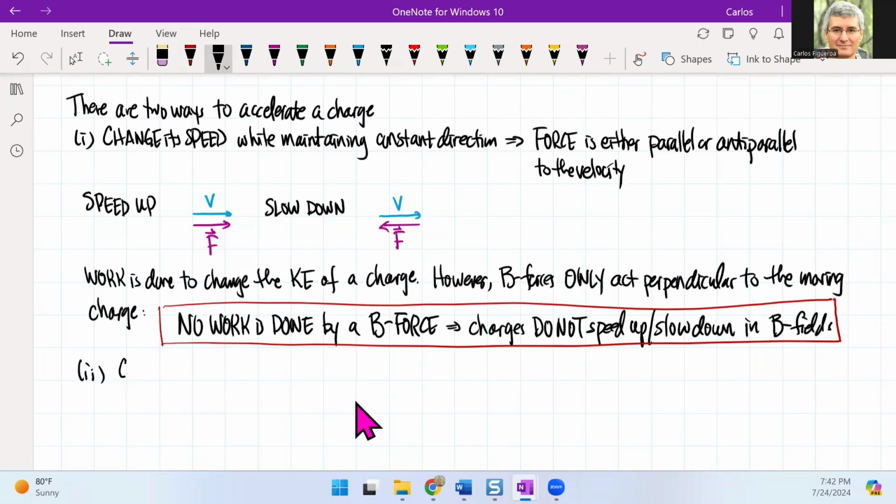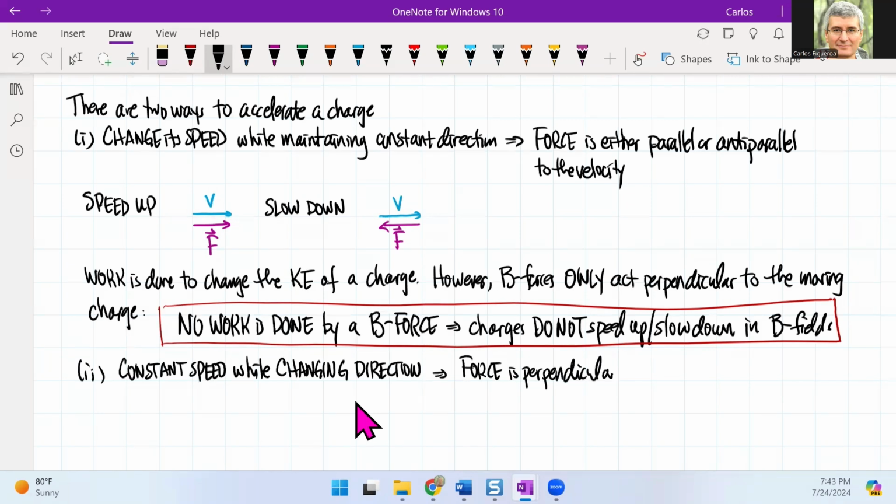So if I have a constant speed while changing directions, that means here that the force is perpendicular to the velocity.